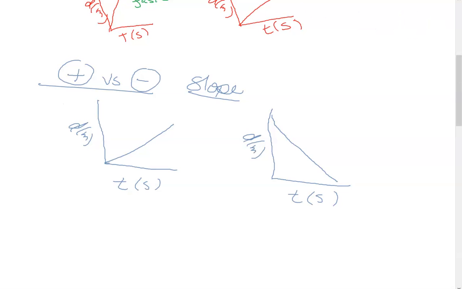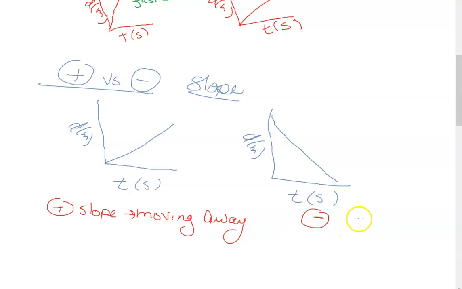When you have a positive slope, this means it's moving away. If you have a negative slope, this means it's moving towards.